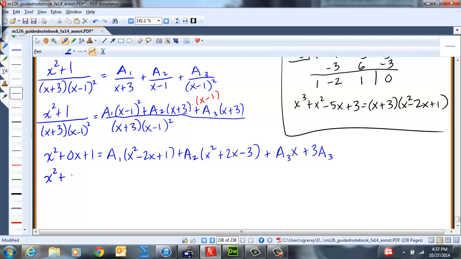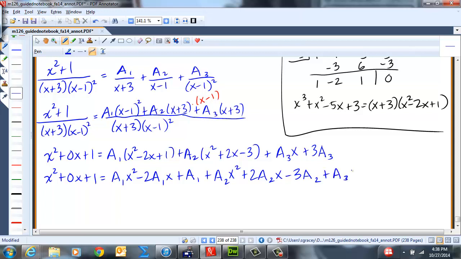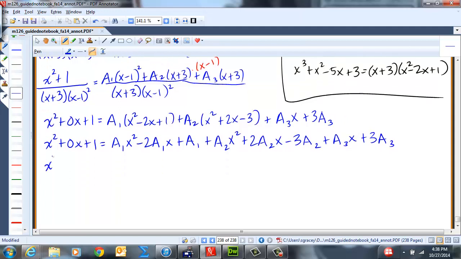So x squared plus 0x plus 1 equals A1 times x squared minus 2 times A1 times x plus A1 plus A2 times x squared plus 2 times A2 times x minus 3 times A2 plus A3 times x plus 3 times A3.